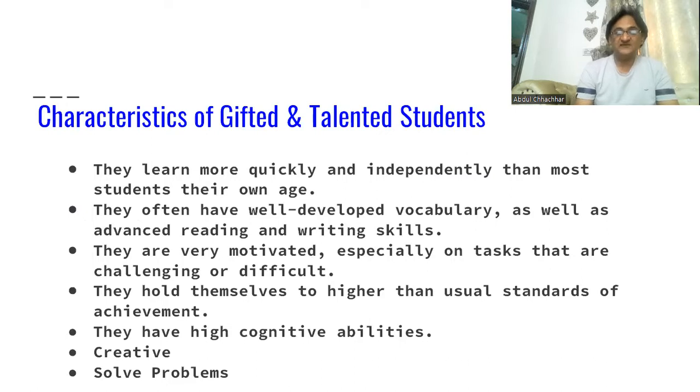They often have a well-developed vocabulary as well as advanced reading and writing skills. They are very motivated, especially on tasks that are challenging or difficult. They hold themselves to higher than usual standards of achievement. They have cognitive abilities, a creative soul, and they can solve their problems.